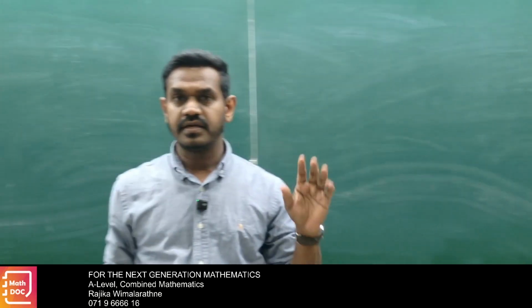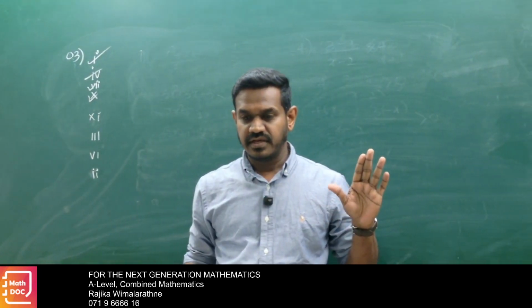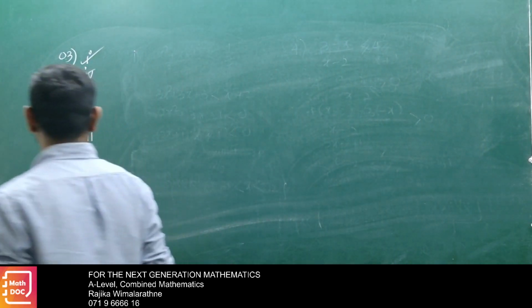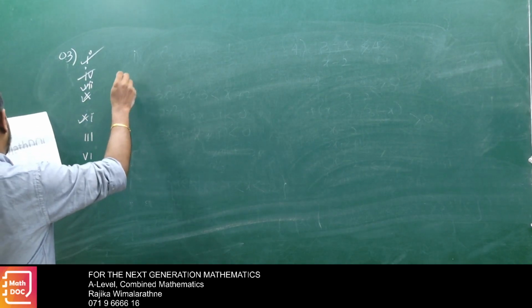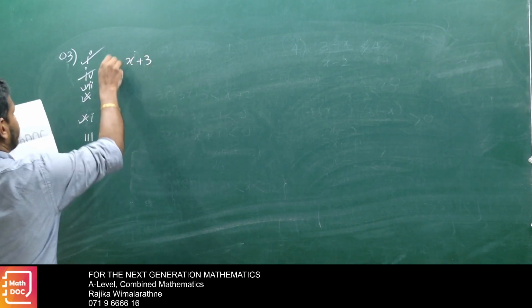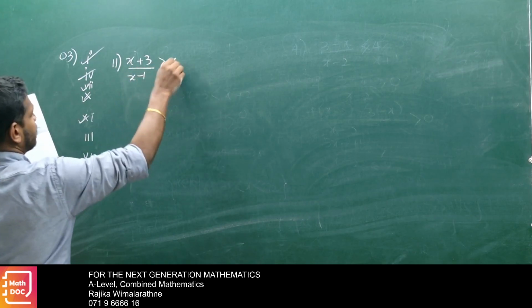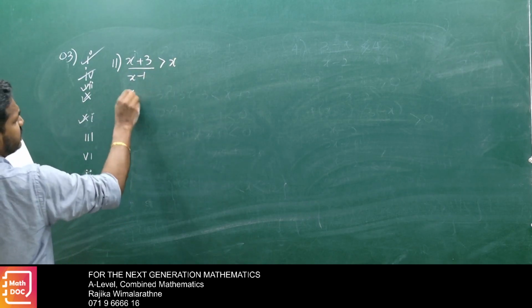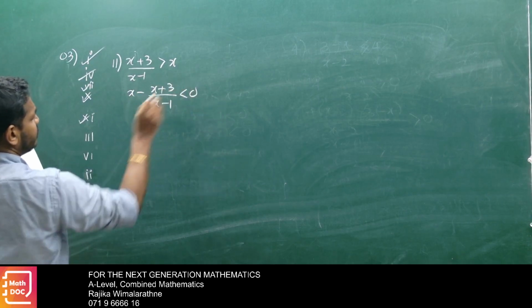Okay, now the 11th one: x plus 3 over x minus 1 is greater than x. Take this on the other side: x plus 3 over x minus 1 minus x is less than 0.